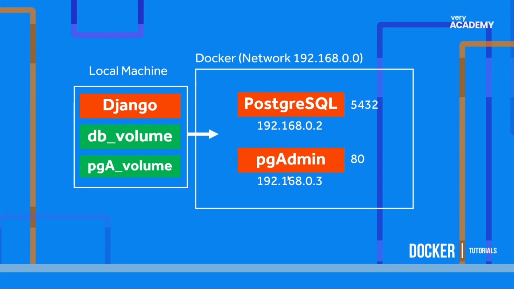Now, one of the potential issues here is that every time we delete containers and set this up again, or someone else sets this configuration up, our Postgres container might have a different IP address to the one that we've already configured in pgAdmin.